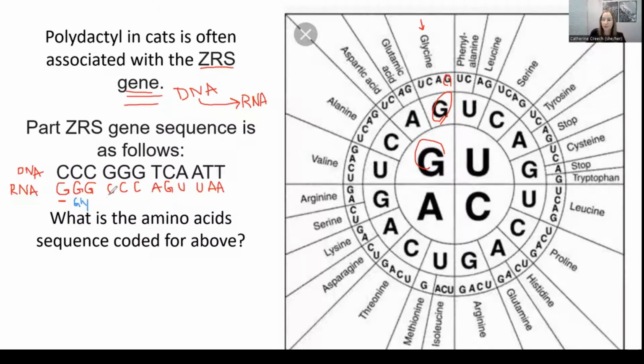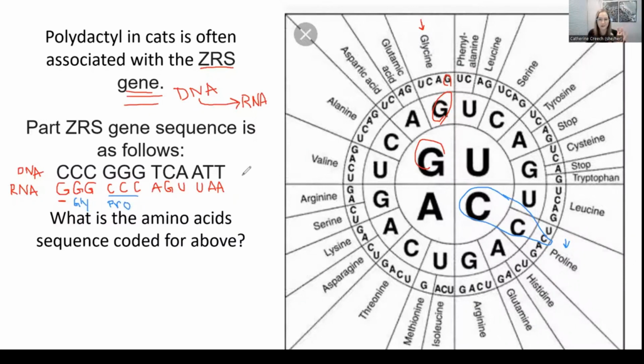I'm going to do the same thing with this codon, these 3 letters. Start at the inner circle, C. Then I'm going to go to the next ring, C. And I'm going to go to the last one, C. So my second codon is coding for proline. So pro. I'm going to give you a second.